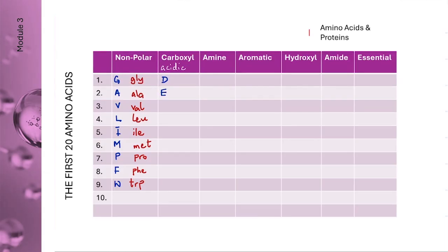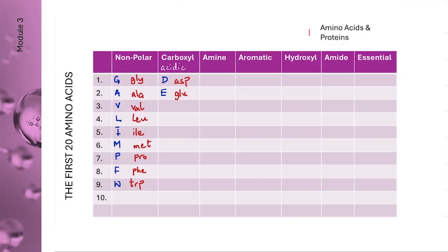D stands for aspartic acid or aspartate. E stands for glutamic acid or glutamate. So don't forget DE. In the alphabet, D comes before E, and aspartate comes before glutamate.